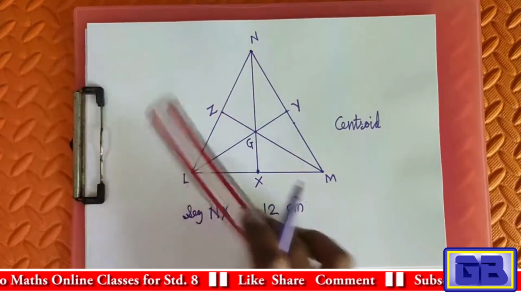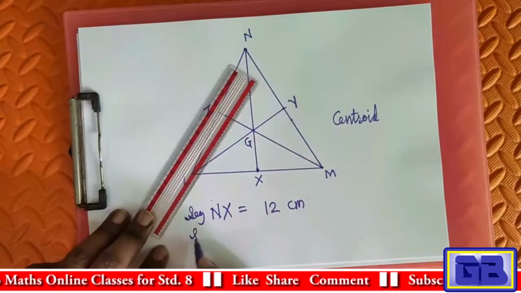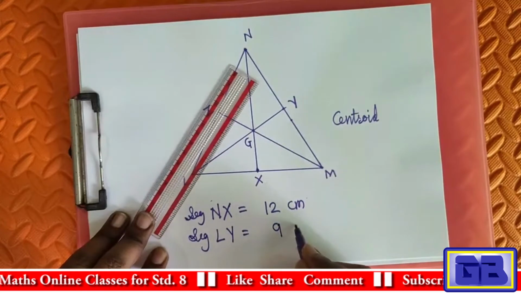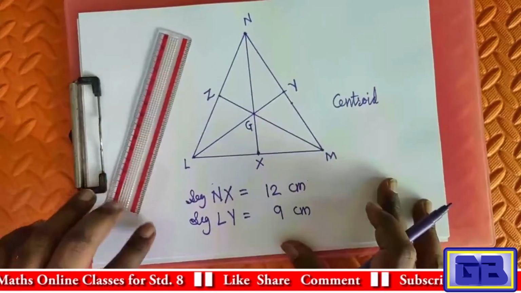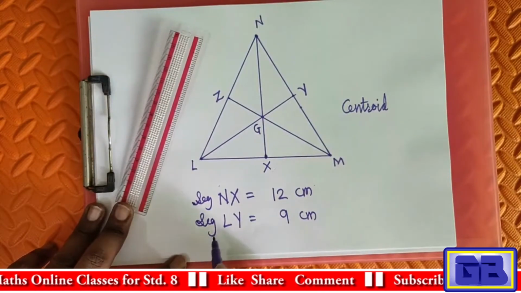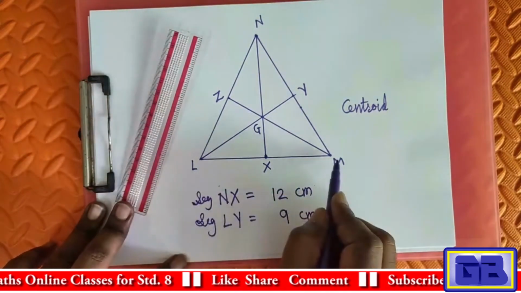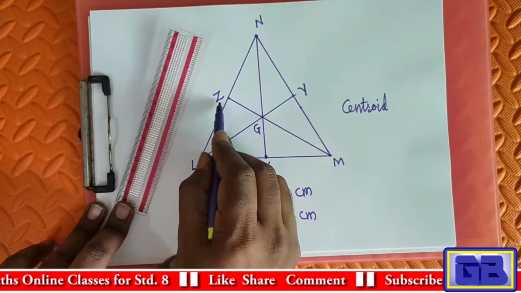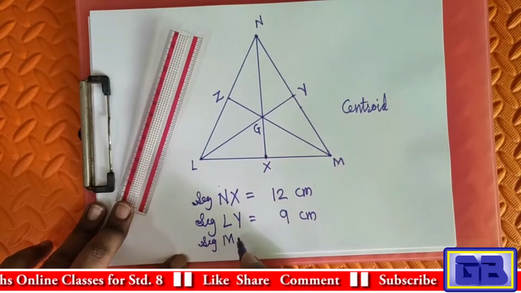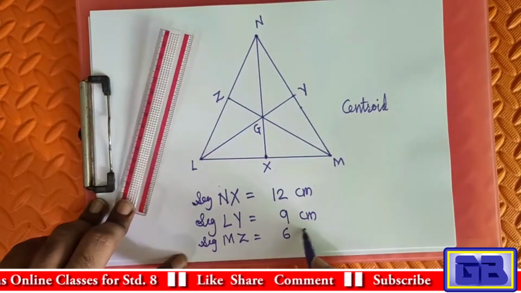Now this segment LY, I'm taking 9 centimeter. And segment MZ, I'm taking 6 centimeter.